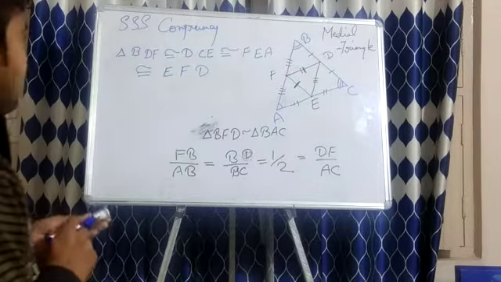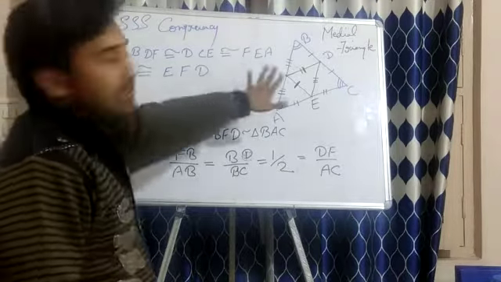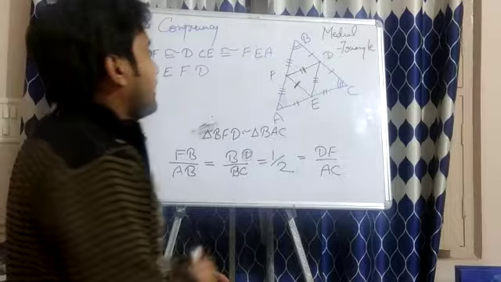Therefore, you can say that all these triangles are congruent to each other.